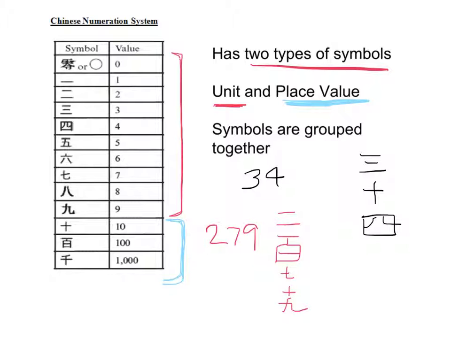So the key thing to remember here is that there are two types of symbols that we use, and that we just group them together. 200, 70, 9, 30, and 4.